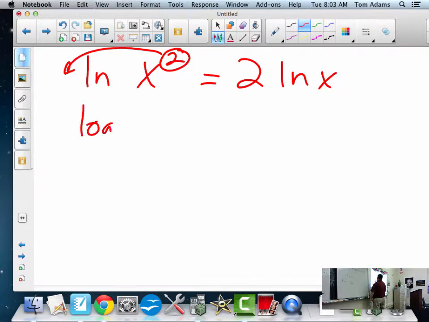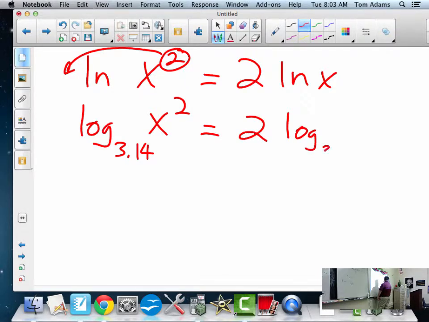So if I were to do log base 3.14 of x squared, I could rewrite that as 2 log base 3.14 of x. Okay? I don't know if you guys remember this or not. I noticed as I was writing it down, some of you were amazed. So make sure you write this down, because this is a property we're going to use a lot in this class. In fact, in calculus, we're going over this now, and we use this a ton in calculus.